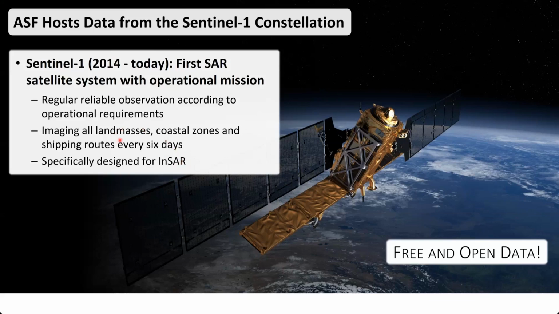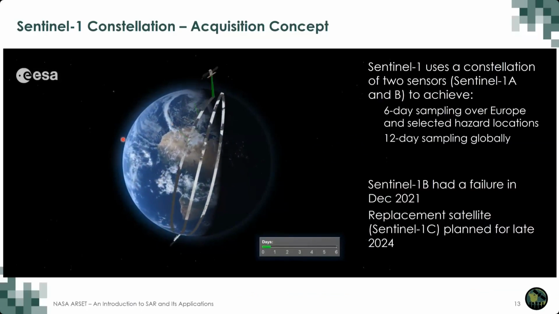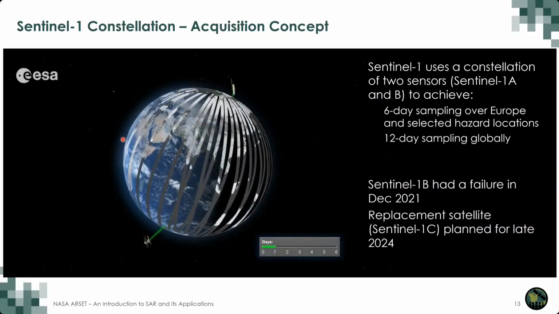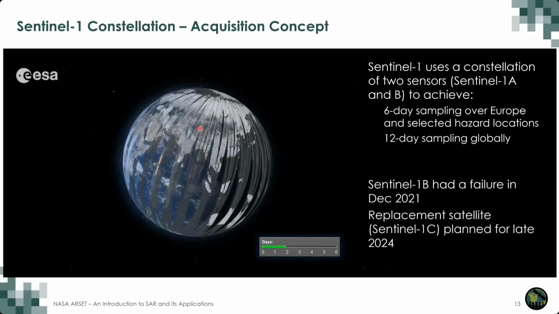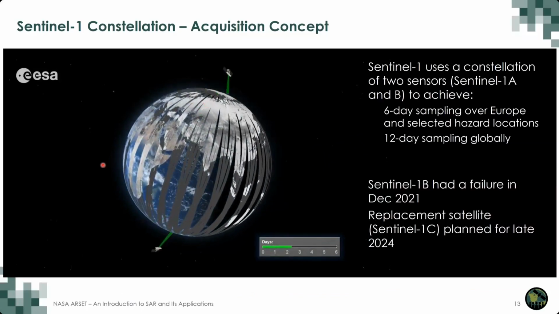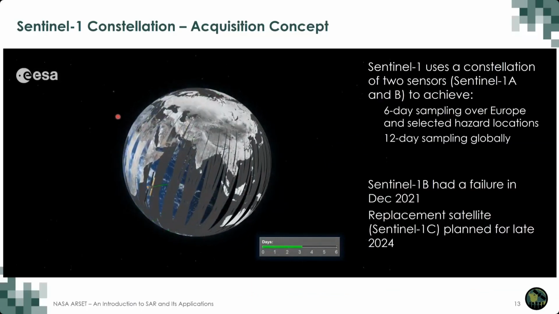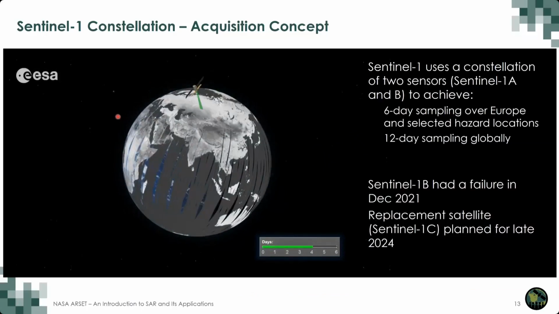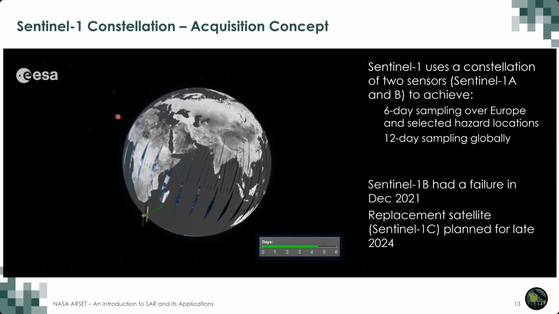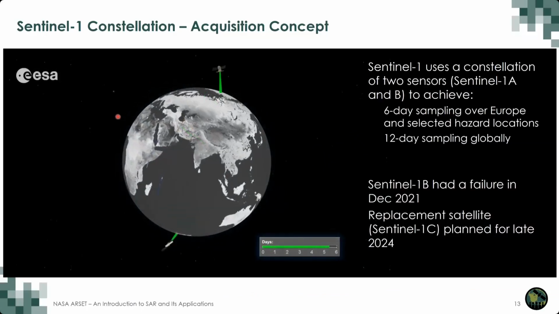So it's a very exciting mission. Sentinel-1 is also what's called a constellation of satellites. In order to provide its global capability, they are using specifically a constellation of 2 satellites, initially launched as Sentinel-1A and B. With the 2 constellation system, it can provide 6-day sampling over Europe, over the Arctic Ocean, and for some global hazard locations, and 12-day sampling for the globe.